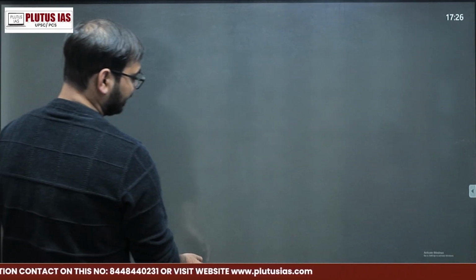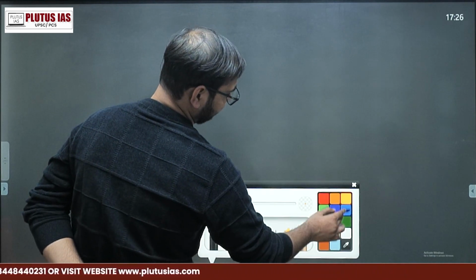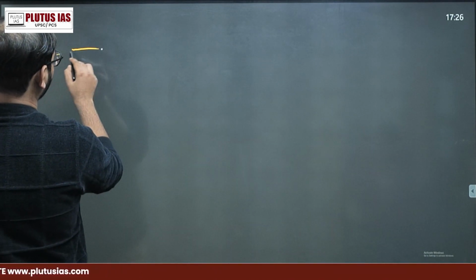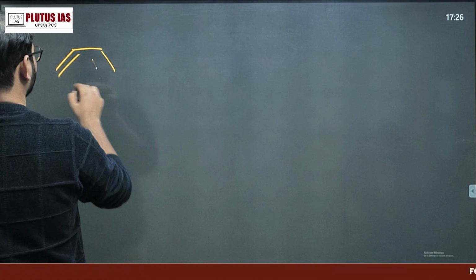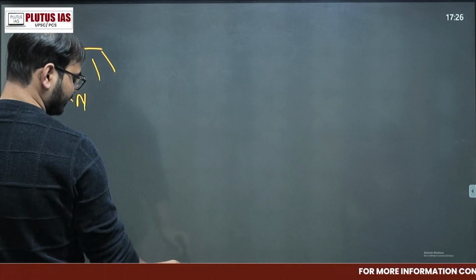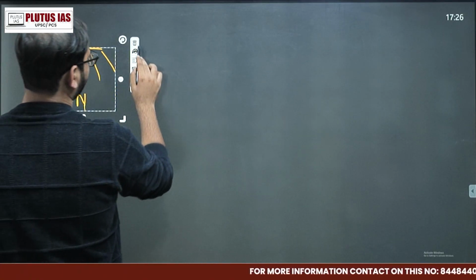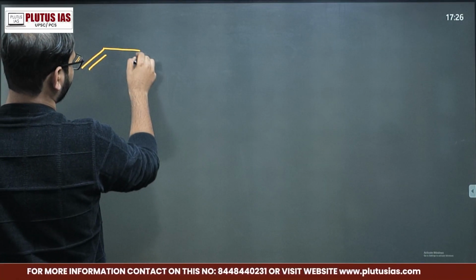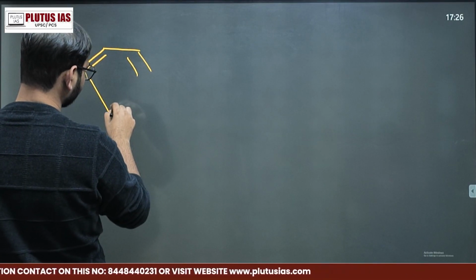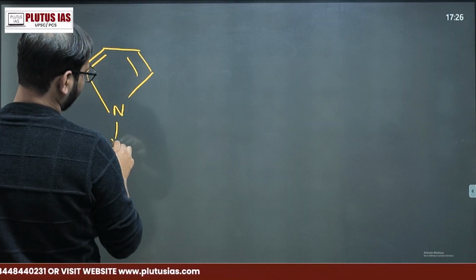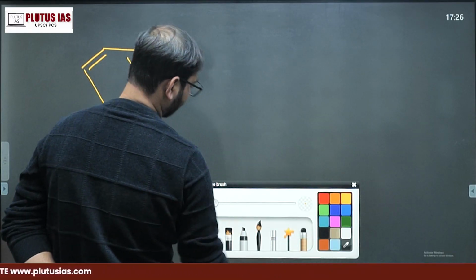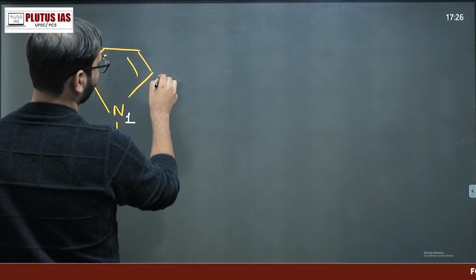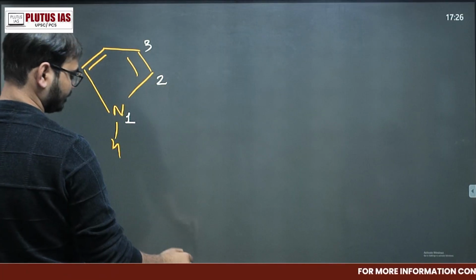Now, similar to other compounds, take for example pyrrole, and all other compounds similar to pyrrole, like thiophene and furan, which will also give similar reactions. Here I am taking positions: position number 1, position number 2, position number 3.